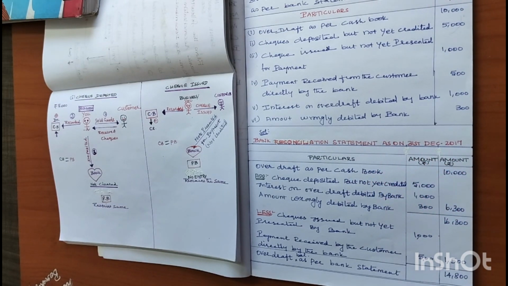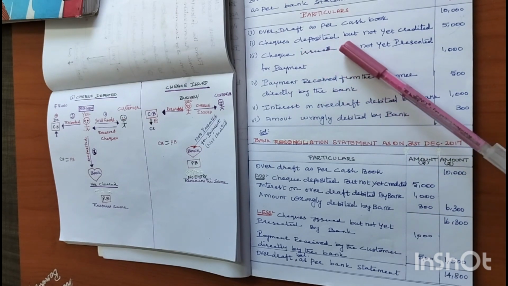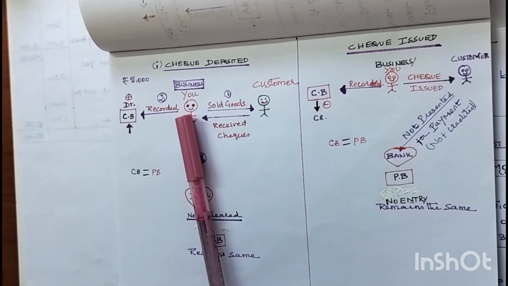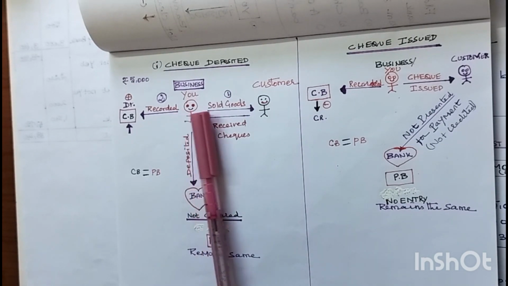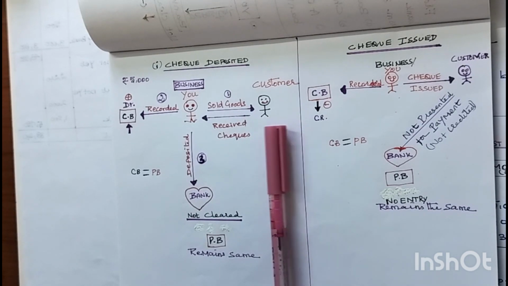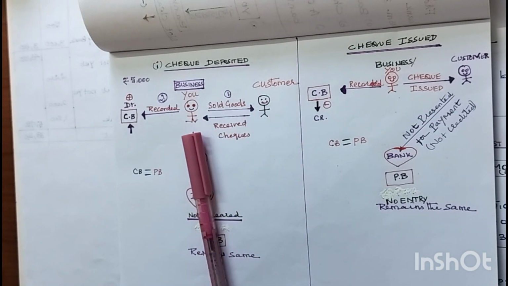Then the next transaction is checks deposited but yet not credited, 5,000 rupees. I will clearly explain with an example. Checks deposited into the bank but not yet credited means you run a business, you sold goods to your customer through a check, and you received a check of 5,000 rupees from your customer.